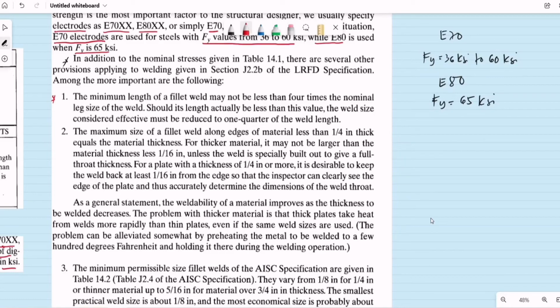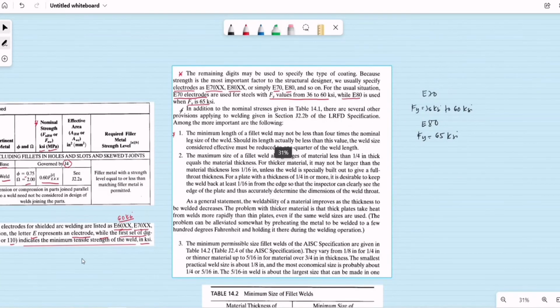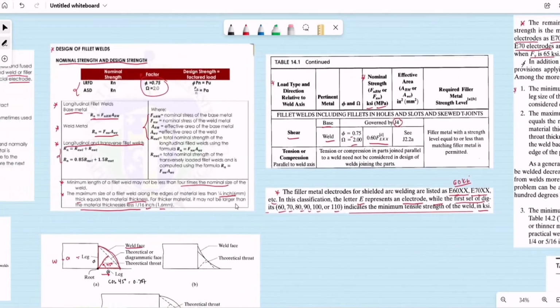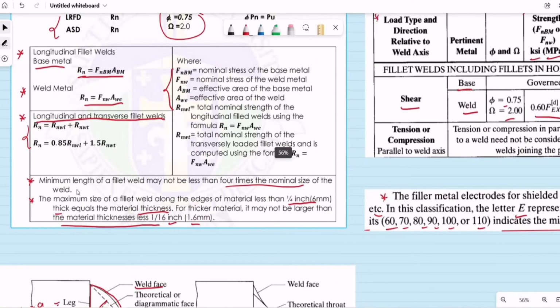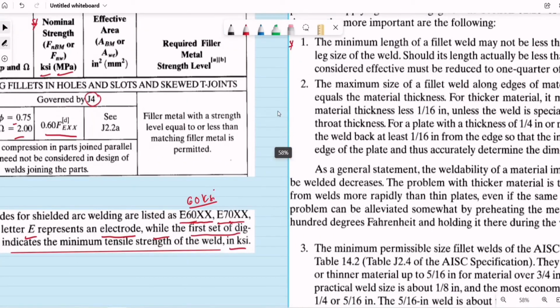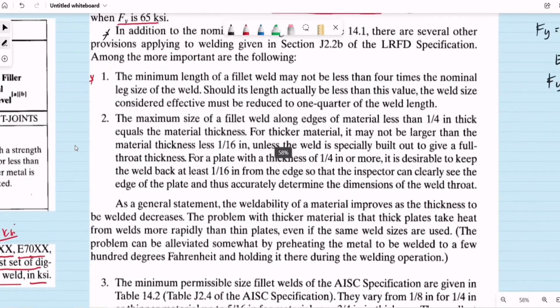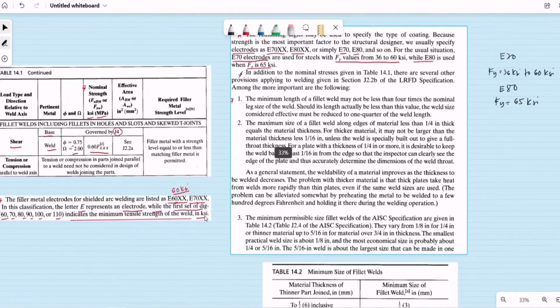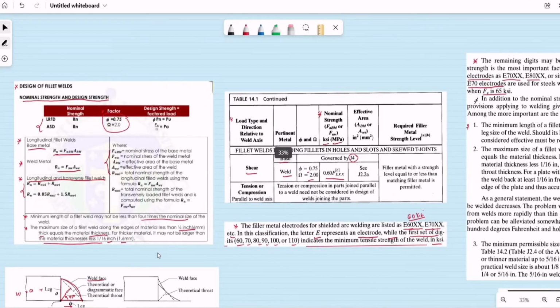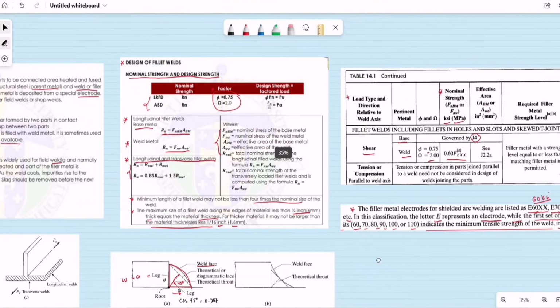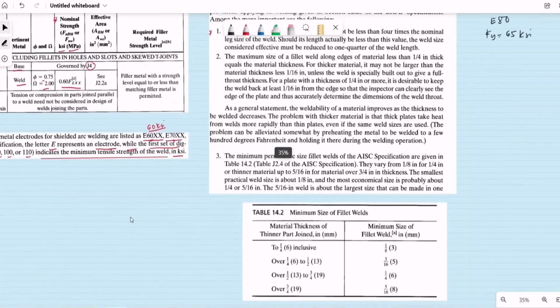I think that is also specified earlier in this table. Then number 2, the maximum size of a fillet weld along edges of material less than 1/4 inch thick. It is the same as the second sentence, the 1/4 inch or 6 millimeters.